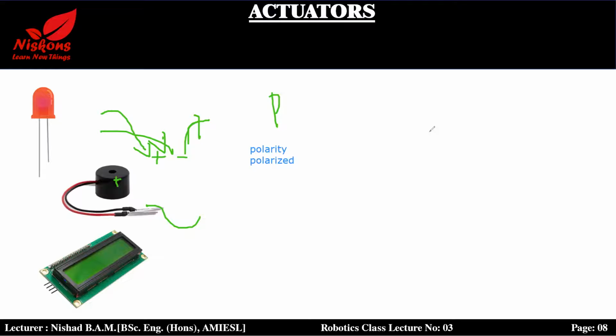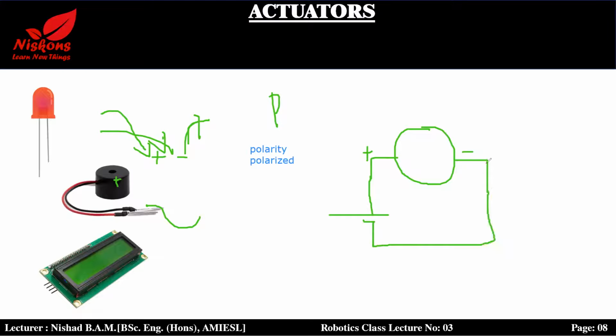In motors also, there is a positive terminal and a negative terminal. If we connect the battery's positive terminal and the negative terminal to the motor like this, the motor will rotate clockwise.